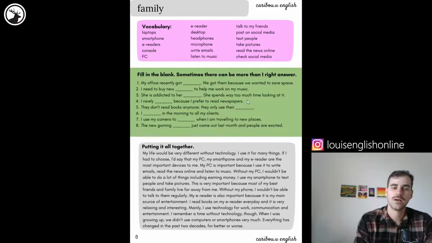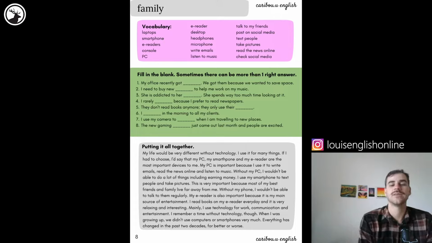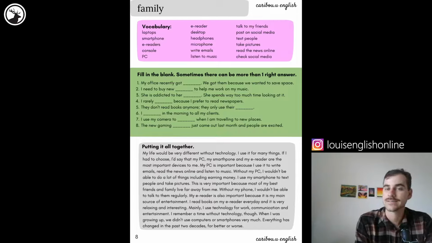4, I rarely ___, because I prefer to read newspapers. So this is read the news online. Number 5, they don't read books anymore. They only use their e-readers. Number 6, I ___ in the morning to all my clients.